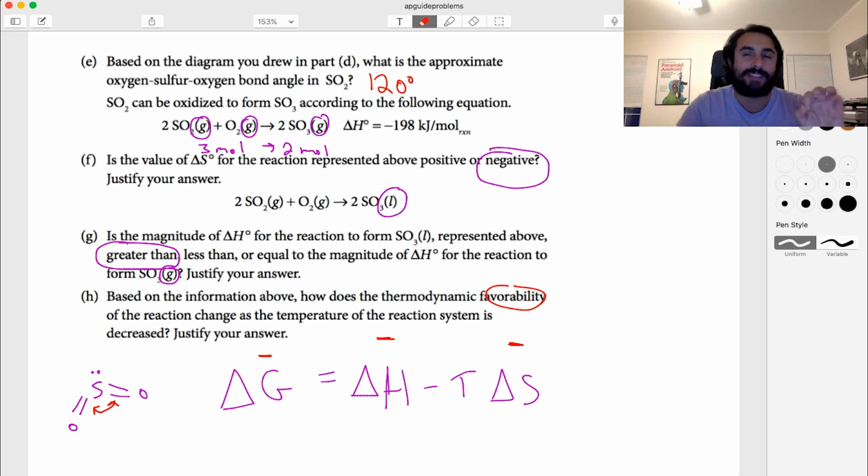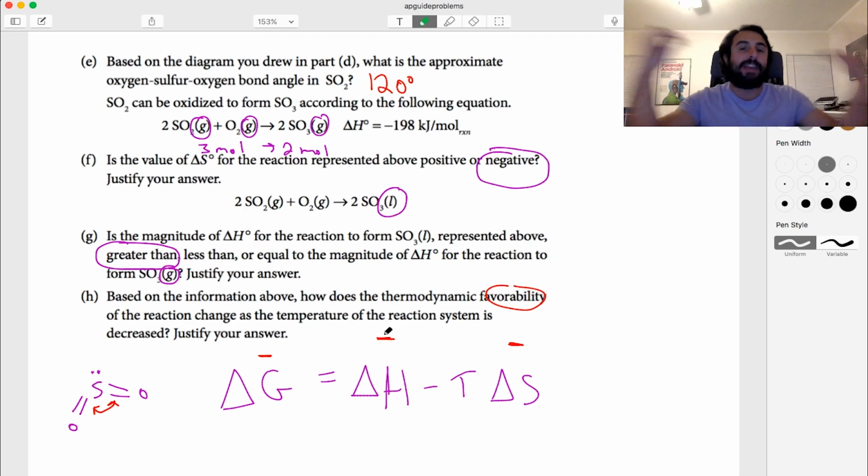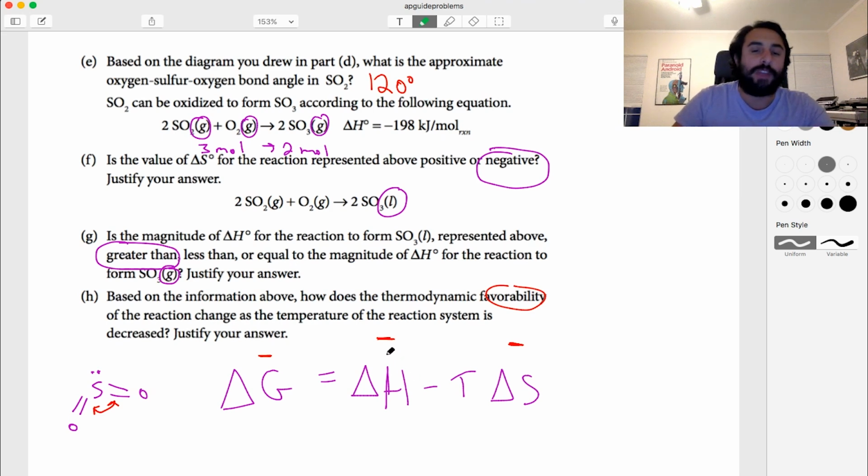And so that sounds maybe a little confusing, but just remember, if we have a big negative number, let's just say negative 10, and then we're doing minus negative 2, well, that will be negative 8. So we're still plenty negative, and that will be thermodynamically favorable. But if we have negative 10 minus negative 20, that would be positive 10.